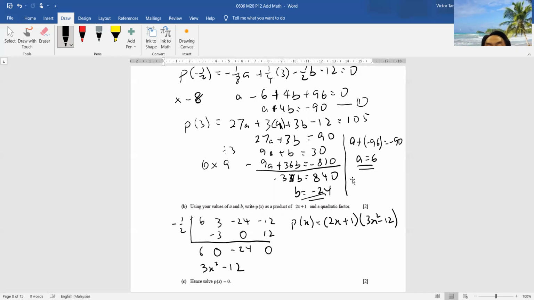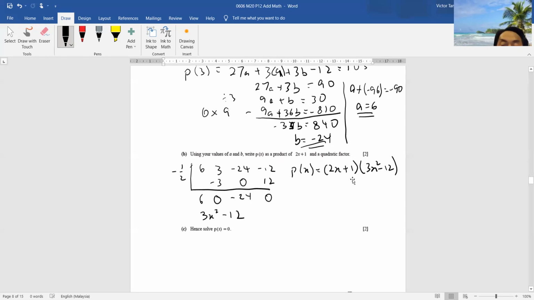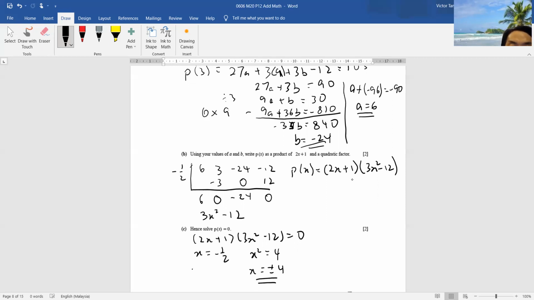And solve P(x) equals 0. So you have (2x plus 1)(3x squared minus 12) equals 0. x will be minus half, or x squared equals 4, x equals plus or minus 2. So these are the three solutions.